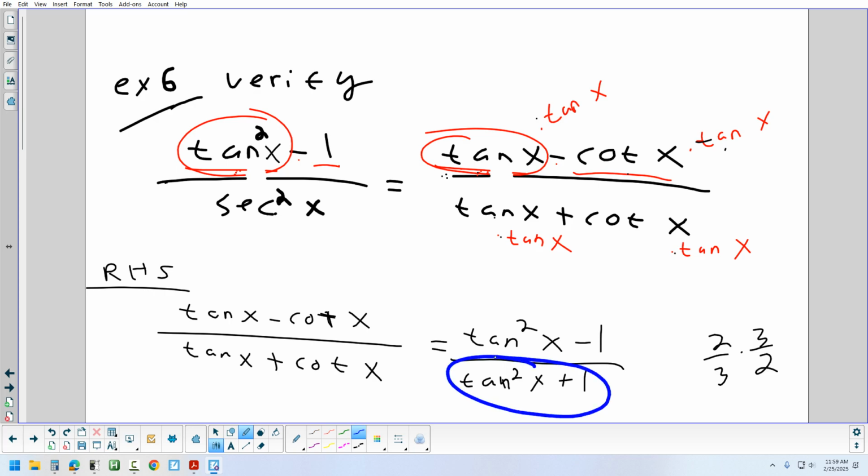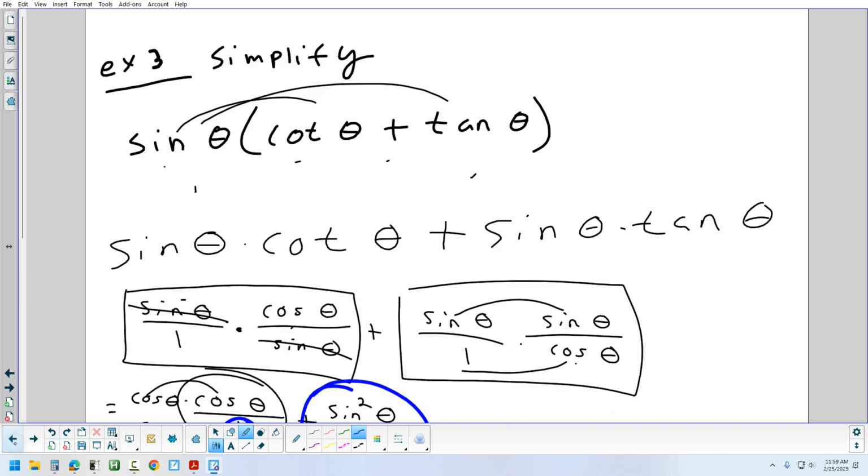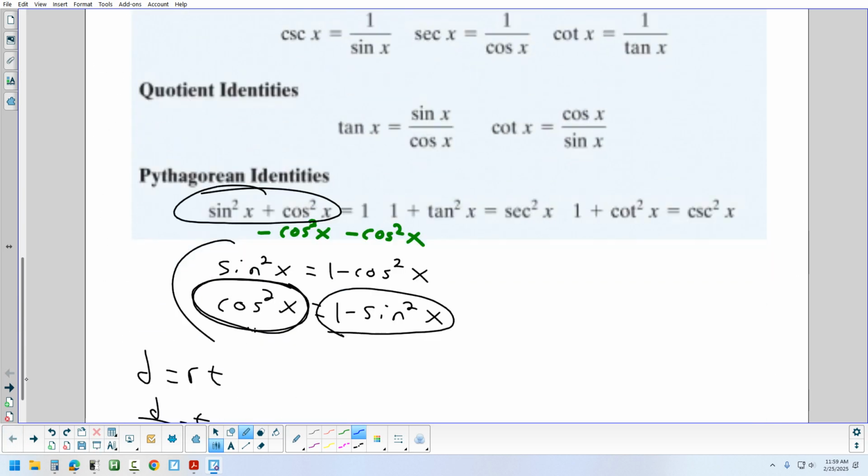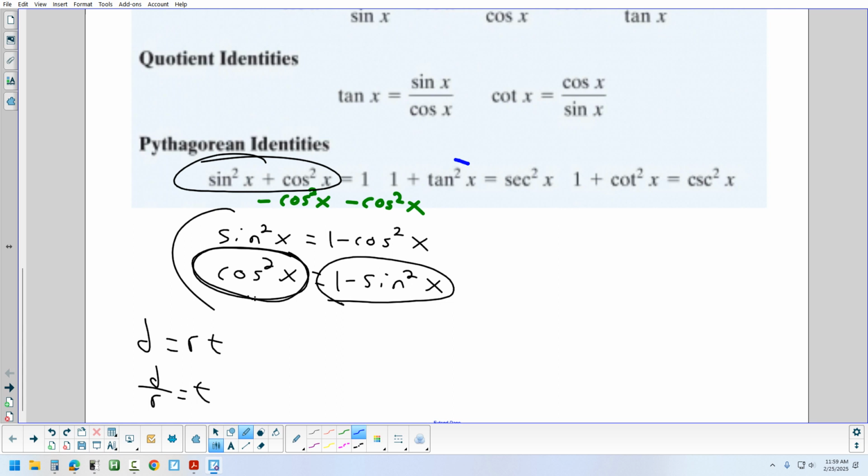Tangent squared plus 1. That's something special. Secant squared. Yeah. If we go back to our identities, tangent squared plus 1, you can turn that whole thing into secant squared. So go back to our problem, and where you see 1 plus tangent squared, change it to secant squared.